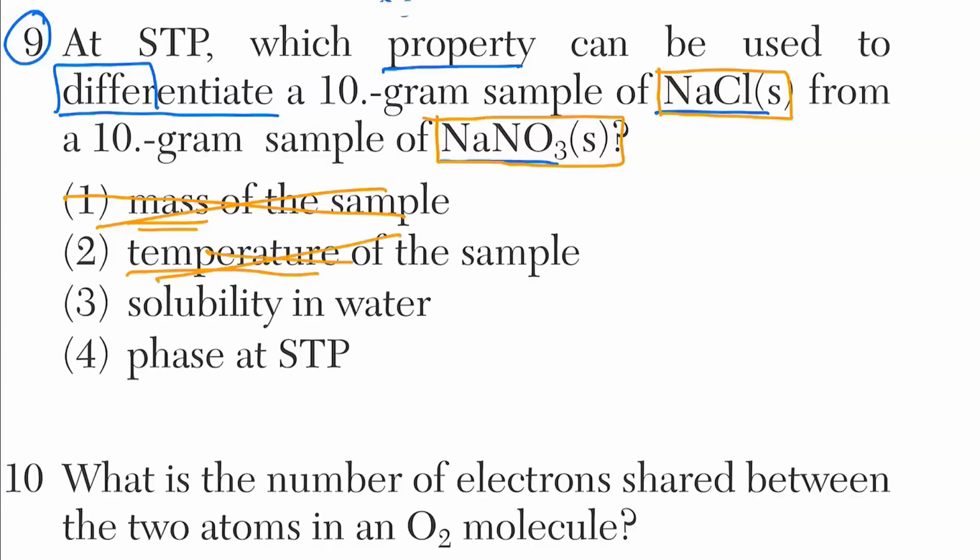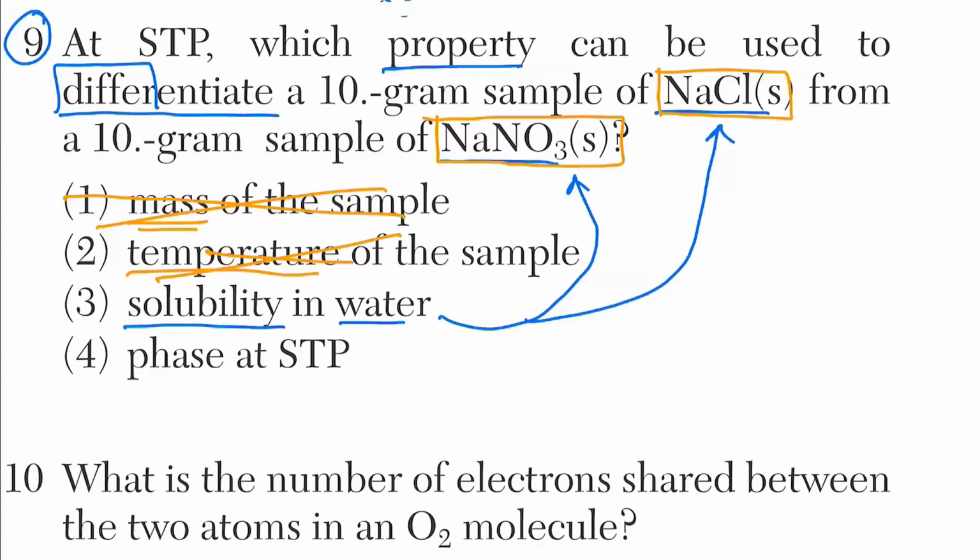Okay. Solubility. Well, that is a property that is unique, okay, to each compound. And solubility is the ability of the water, the solvent, to dissolve a certain amount of each of these compounds. If one can actually dissolve in a greater amount with the same amount of water at the same temperature, it is more soluble.